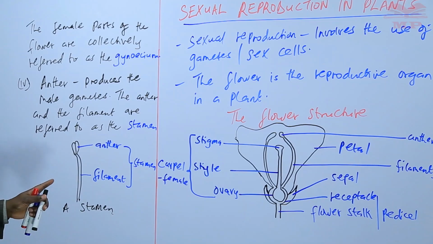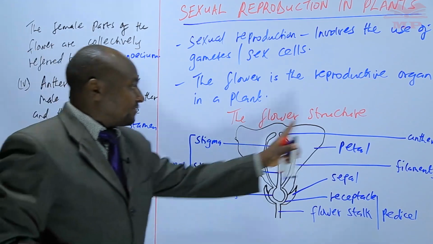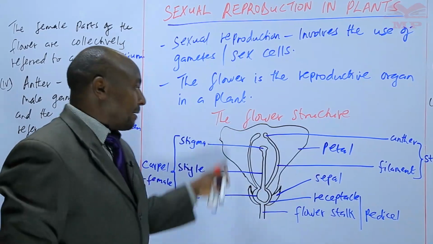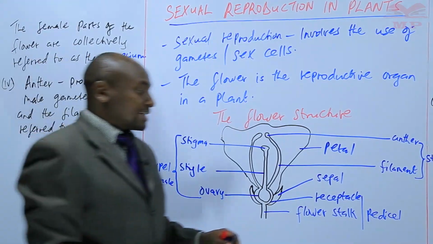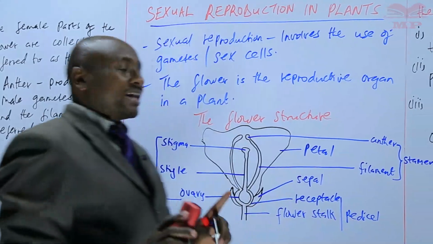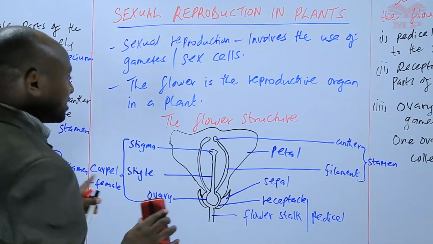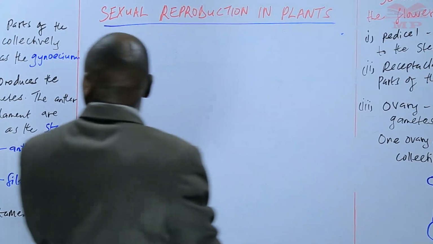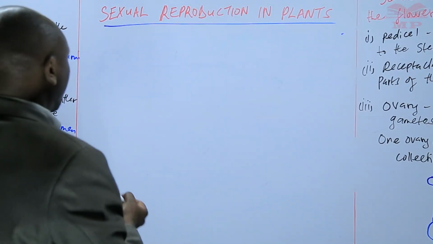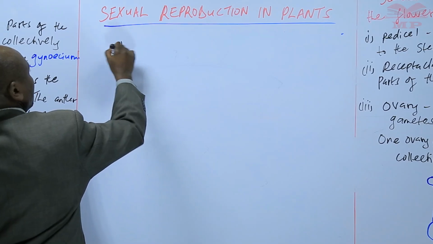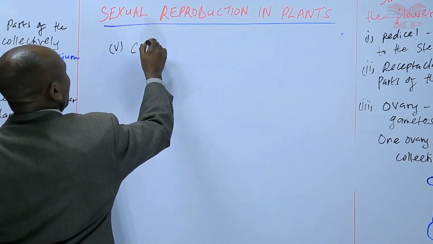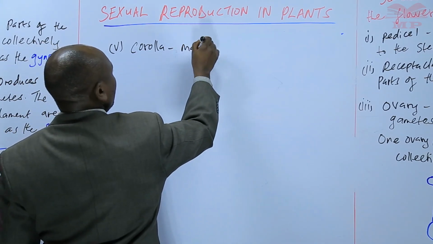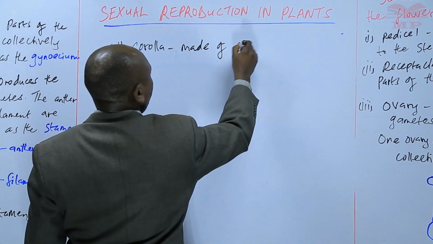Now, having looked at the female part of the flower and the male part of the flower, we'll go now to the other parts of the flower that are not related to any sex of the flower, but are general. So we have number 5, what we call the corolla. And this one is made of sepals.